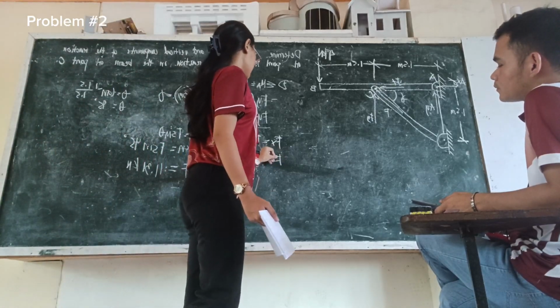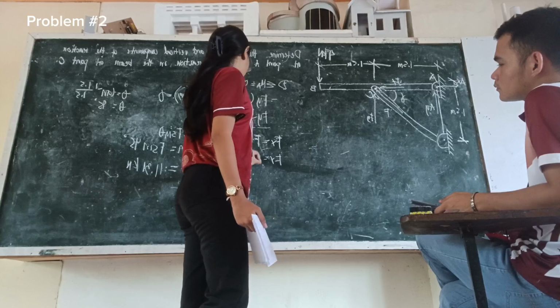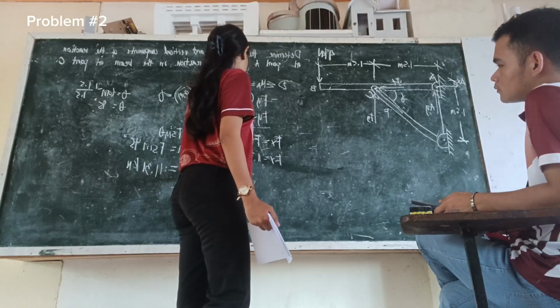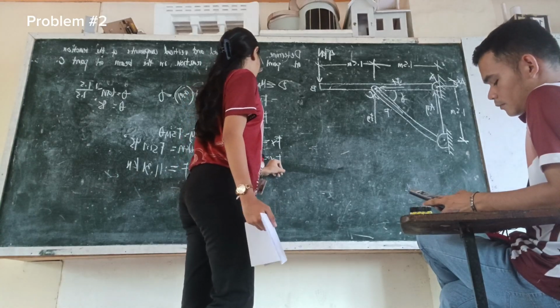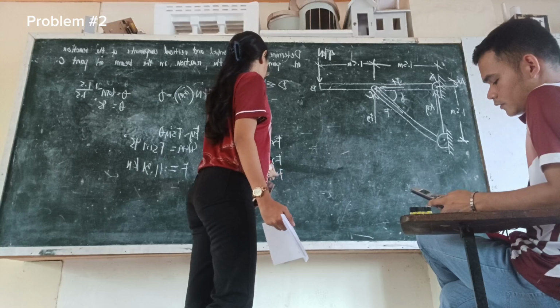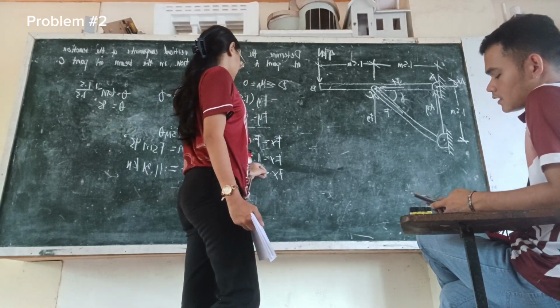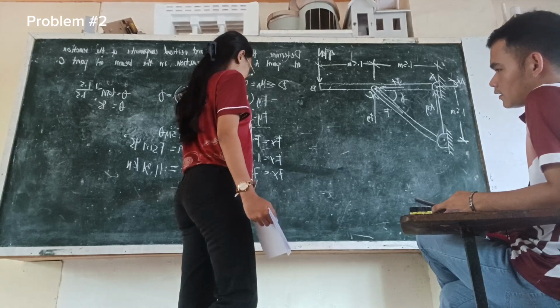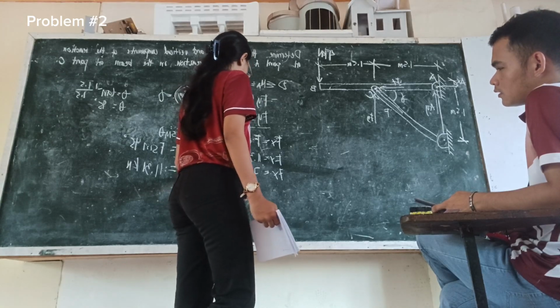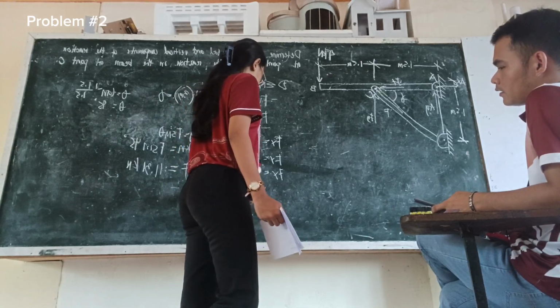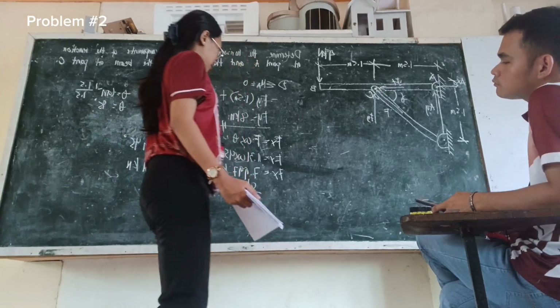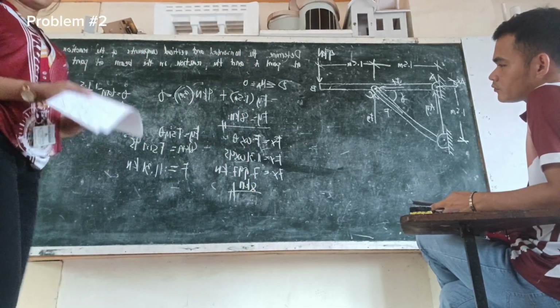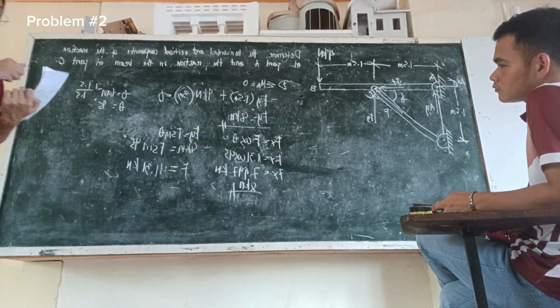So Fx is equal to 11.31 cosine 45, which is equal to 7.997 kN, or simply 8 kN.